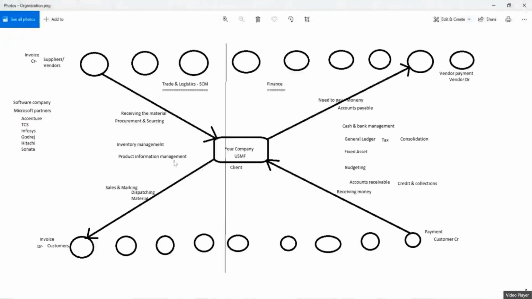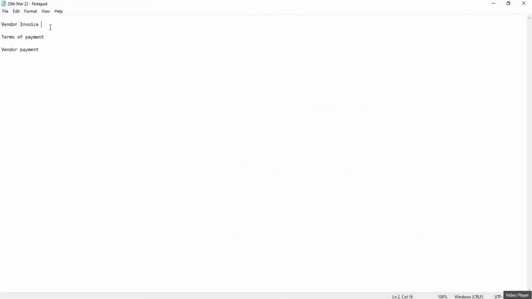So while receiving invoice, in the system some transactions should be posted. One is debit, another one is credit. Commerce people will use the words debit and credit.